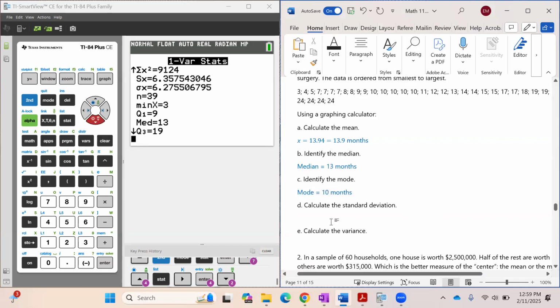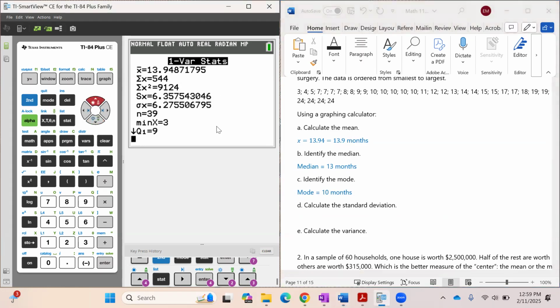Okay, standard deviation. Standard deviation is also given to us in our calculator. Let me scroll up. In our calculator, standard deviation is this Sx right here. Here we're going to write s equals, I'm going to write little s because that's what we say outside of the calculator, for standard deviation.